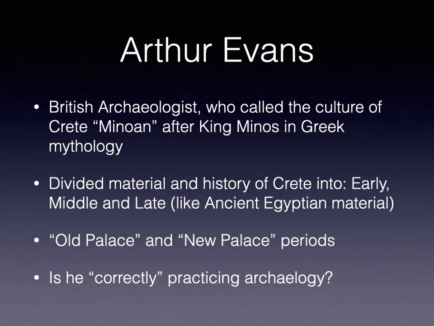There's also the question that we ask of many, not just archaeologists, but historians and art historians today: are they correctly practicing? What does that mean? What goes down in the history books and in the archaeological records that is completely composed of evidence, or partially, or even more so, composed of interpretation?